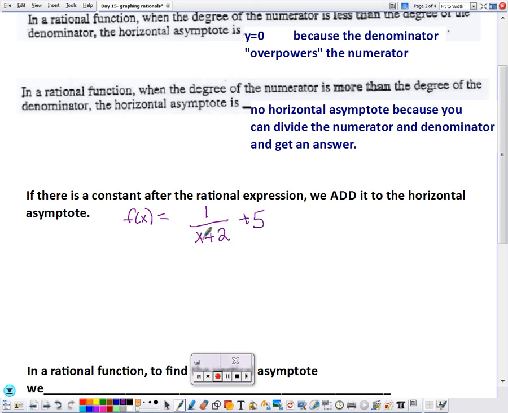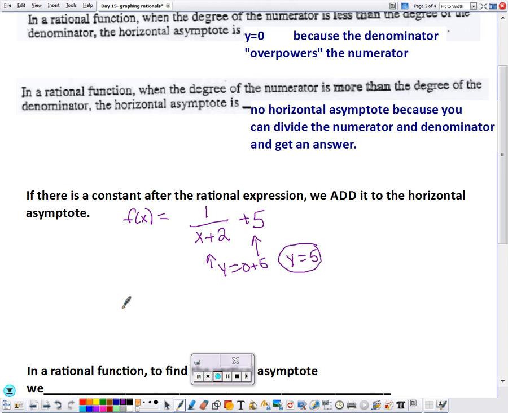Well, here the degree is larger in the denominator because there's an x in the denominator and nothing in the numerator. So right away we would say, hey, y equals 0. But then we have this pesky 5. So really it's like 0 plus 5. So we would end up with y equals 5 as our horizontal asymptote.